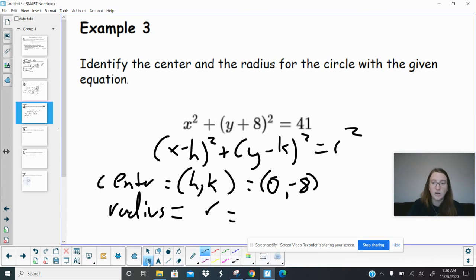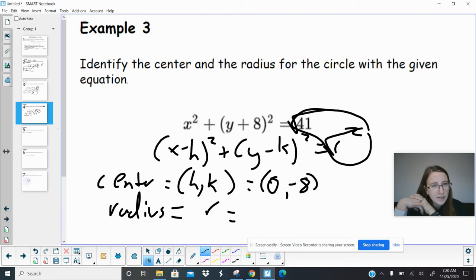So there's our center. Now our radius here, we are going to do the same thing we've done the past 2 questions. This is r squared, and I want r. But here's the thing. When I go to take the square root of this, if you try plugging in the square root of 41 into your calculator, it's not an even number. It comes out to be a really long decimal.